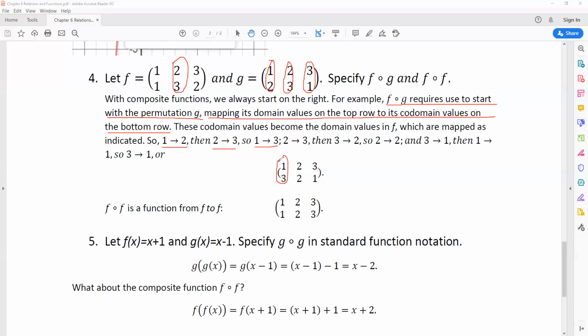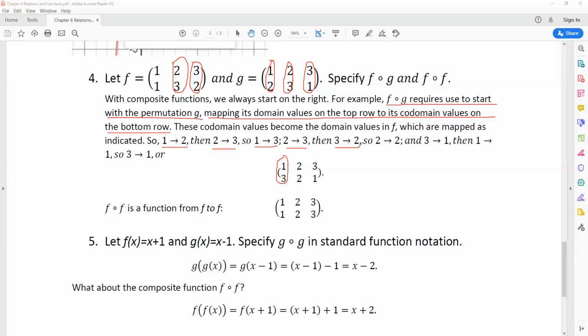Now let's move over in g, and let's see what happens with 2. Well, at first, 2 maps to 3 under g. But then 3 is mapped to 2 under f. Again, 2 maps to 3 in g, 3 maps to 2 in f.